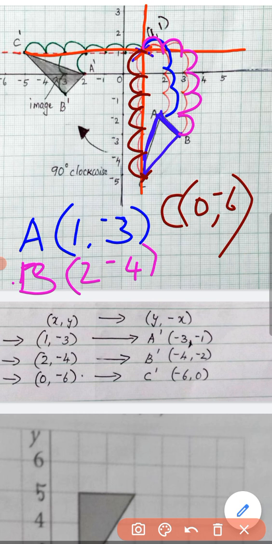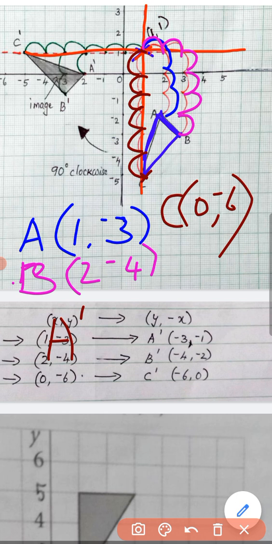Now we have to apply the rule. When we rotate a figure 90 degrees clockwise, each point of the given figure has to be changed from (x, y) to (y, -x). Apply the rule. So find A dash. A dash becomes (y, -x).